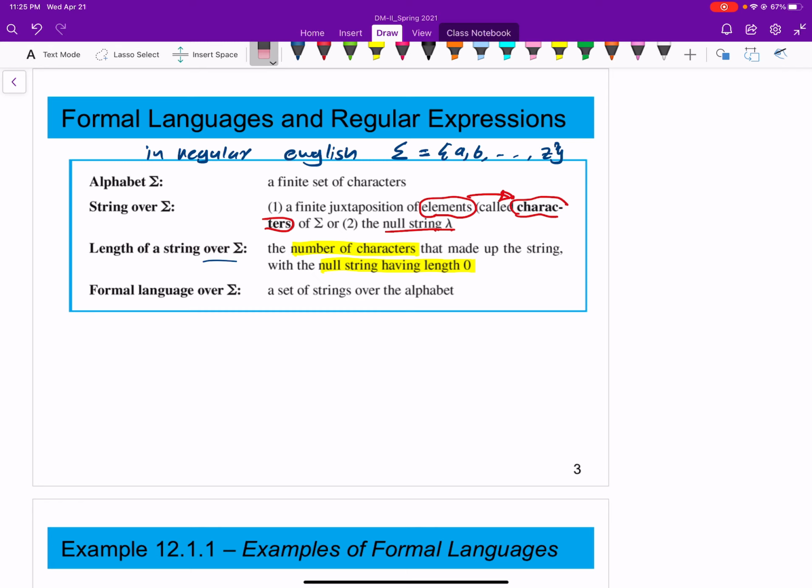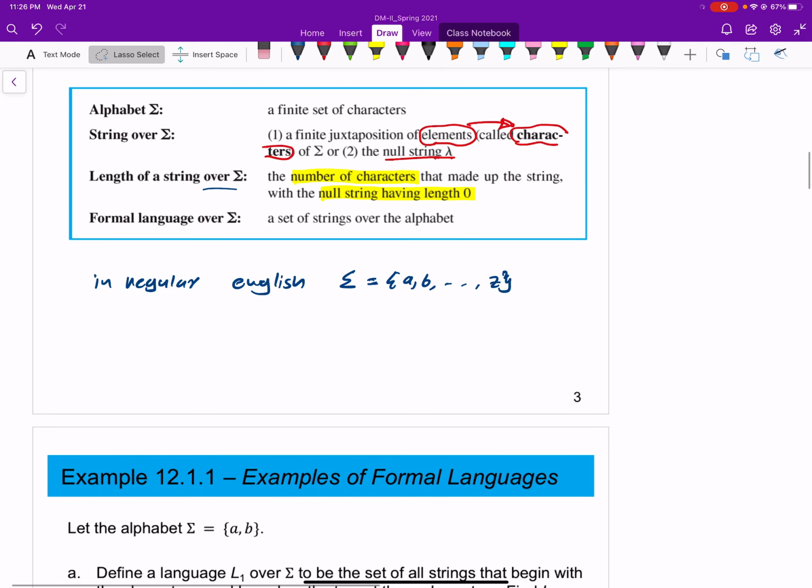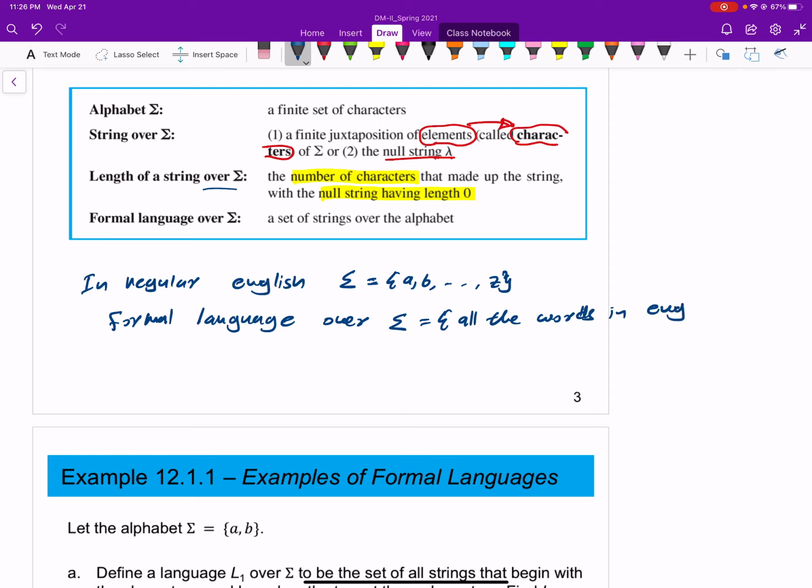Our language is defined over the alphabet A, B, C up to Z. If you just consider the formal language of regular English, it consists of all the words that we are using on a daily basis, all the words in English. That is called the language.